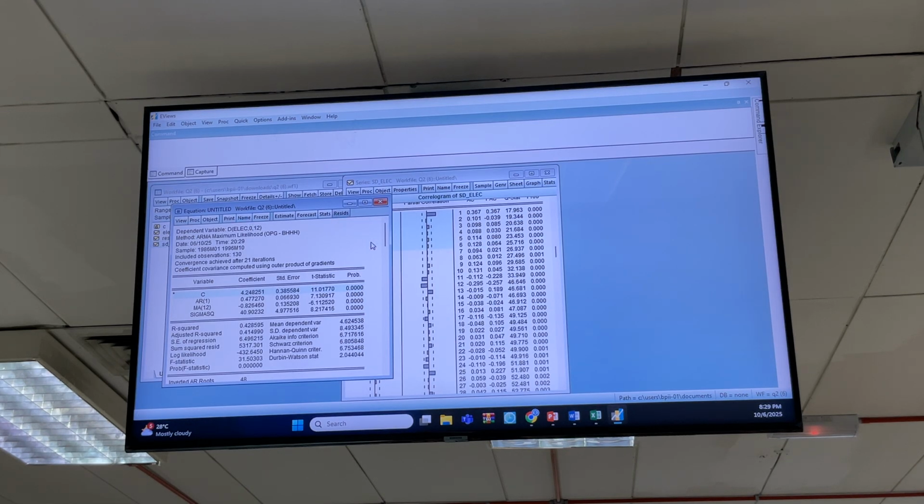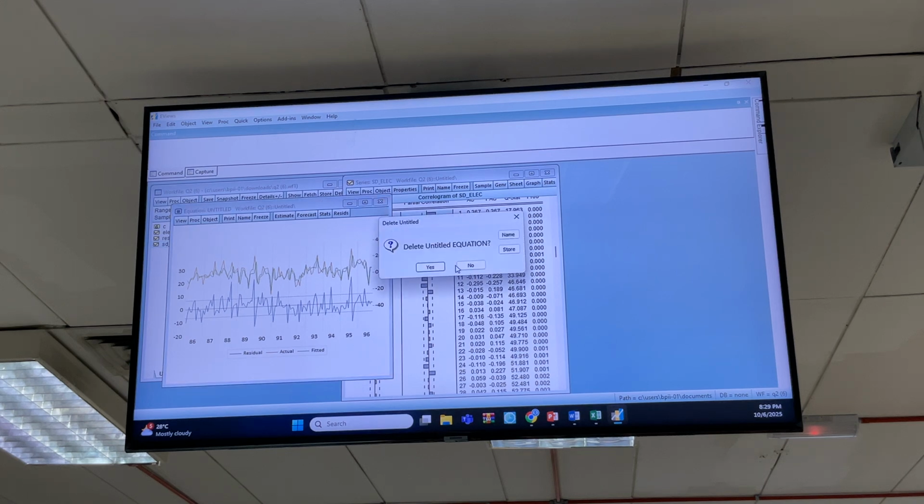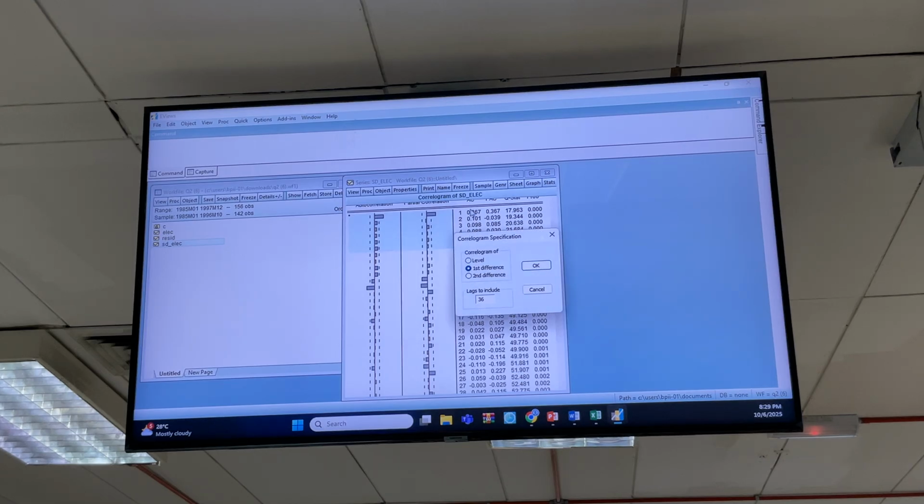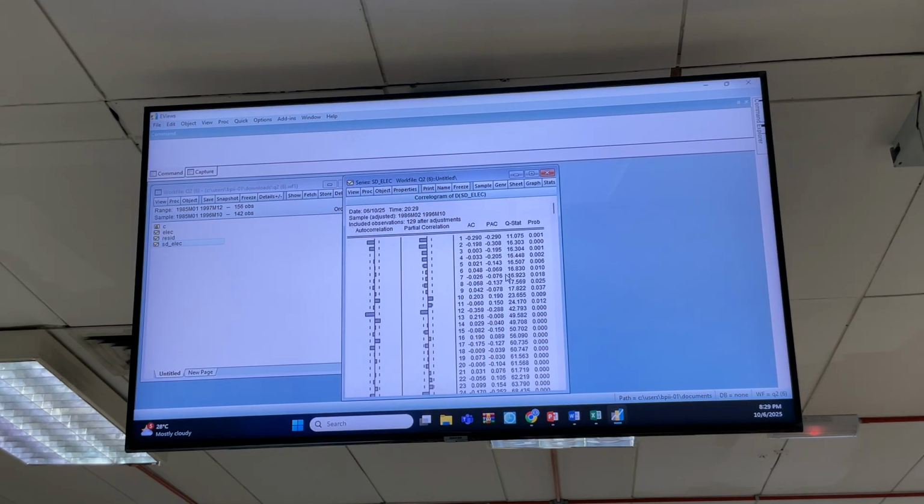So we inspect the correlograms of the first difference, meaning that we find the correlogram is not enough differenced. So capital D equal to 1, small d equal to 1, small p and q, it is either MA2 or AR3, AR4.